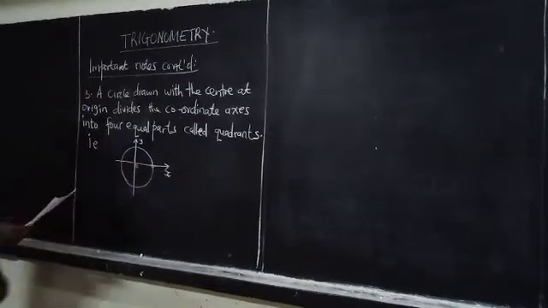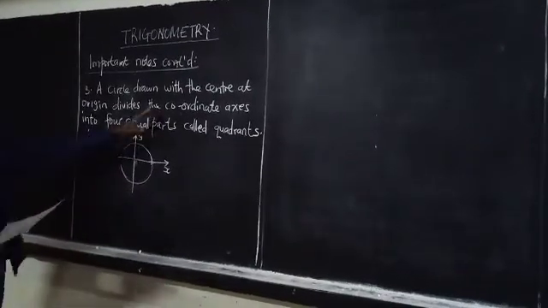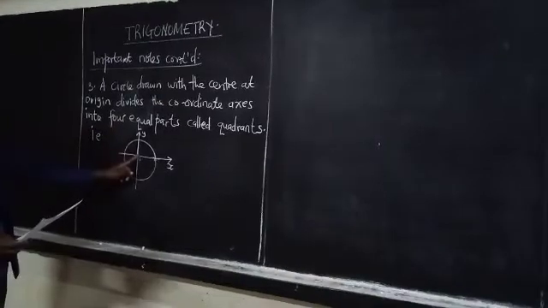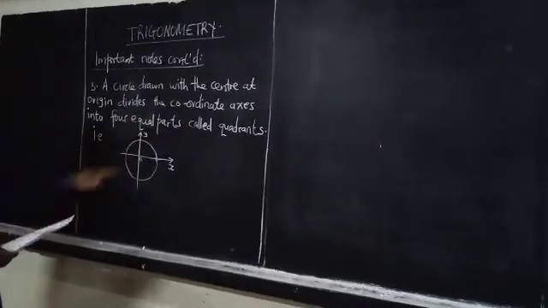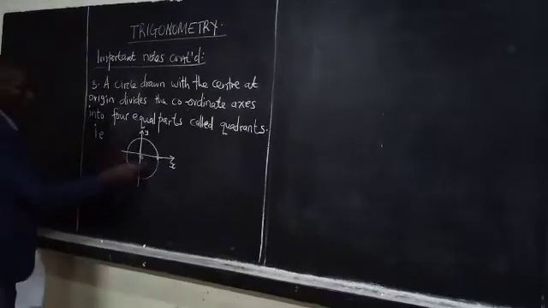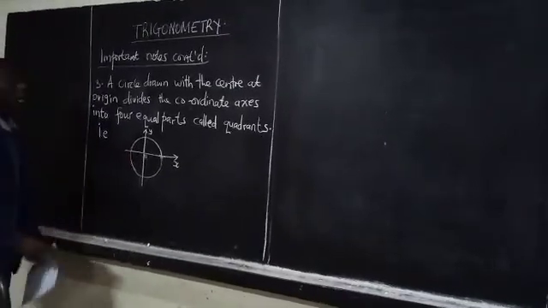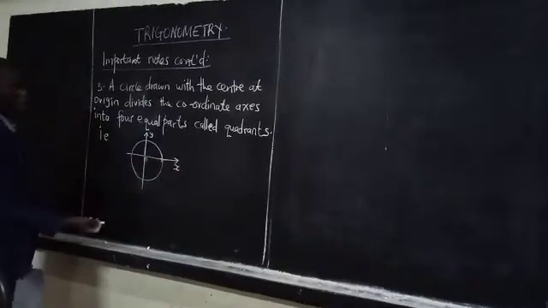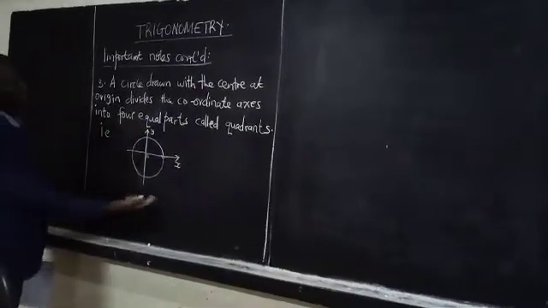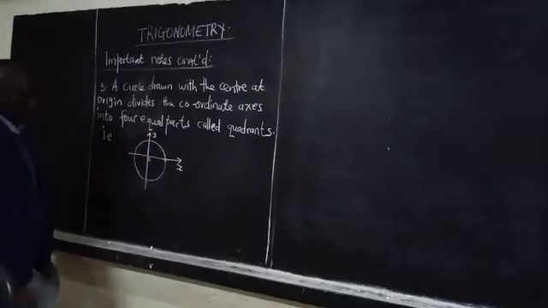We are saying that this circle drawn with the center at the origin divides the coordinate axis into 4 equal parts called quadrants. These are the 4. They are named beginning from the positive x-axis, like we saw with the angles, following the anti-clockwise direction.